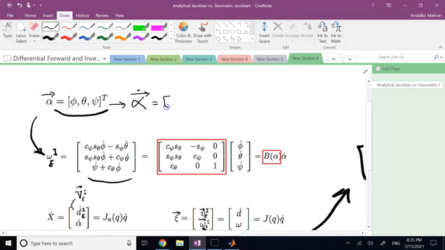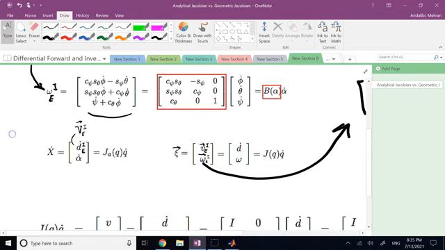It means phi dot, theta dot, and psi dot. The angular velocities of the Euler angles. The Euler angular velocities, basically. Then I cannot say this guy is the same as this one. These two are two different things, right?